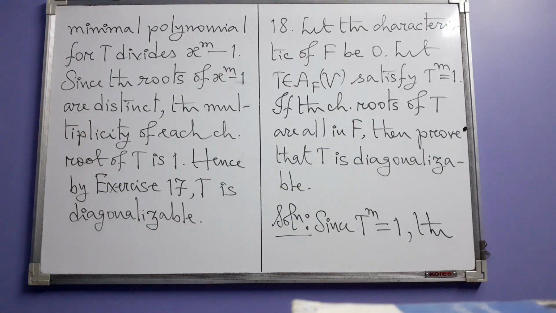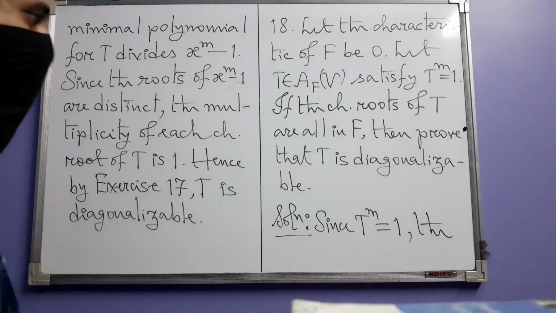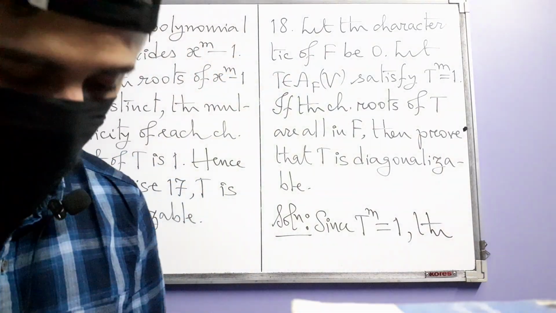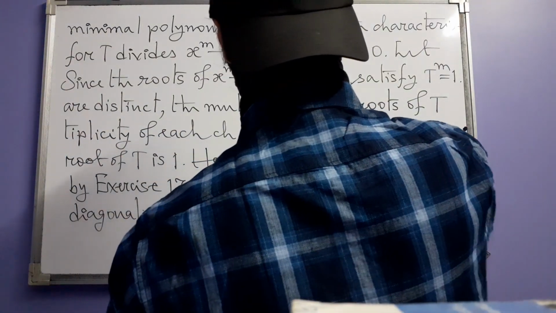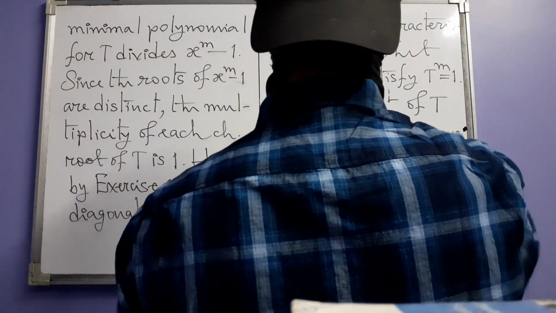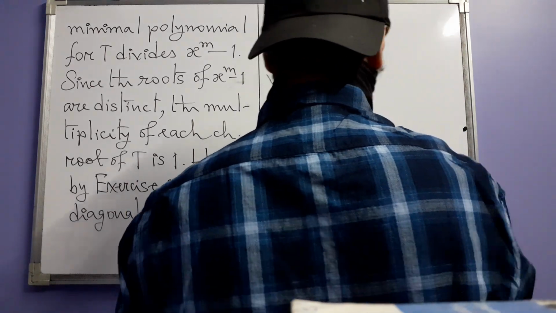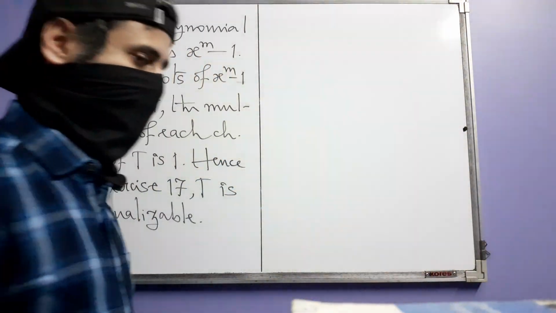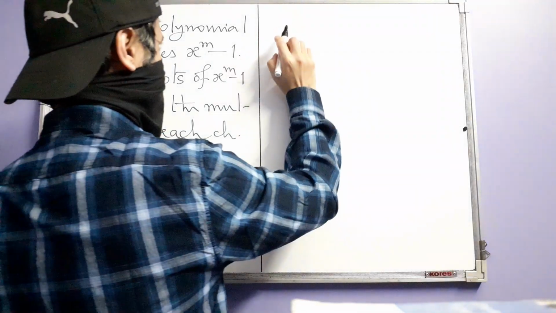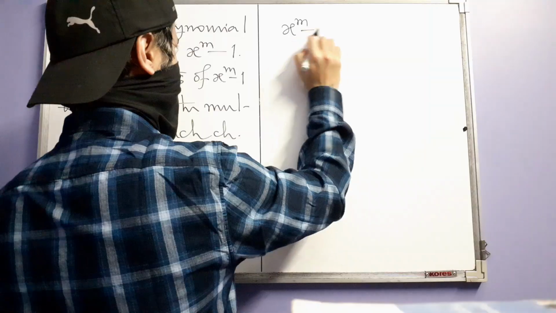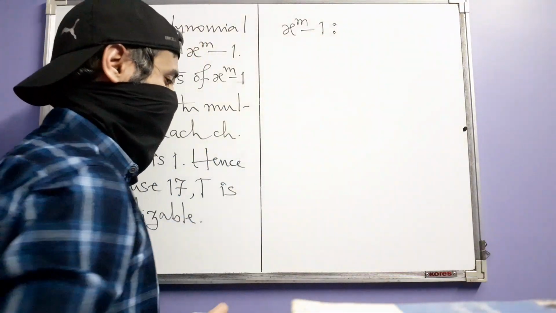But there may still be a doubt. Exactly how is it true that the roots of this polynomial are distinct? Let us see. And to see why, you have to recall what we saw in field theory. Suppose forcefully that this polynomial has a multiple root.